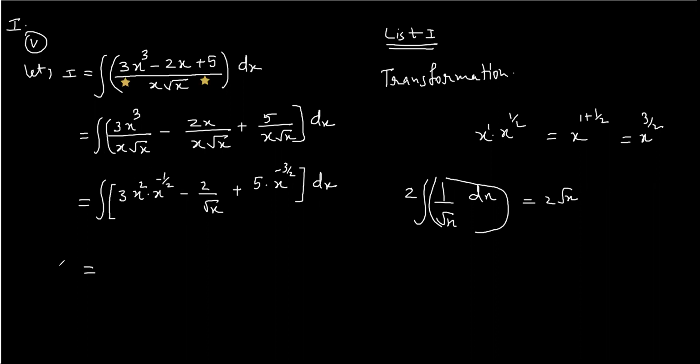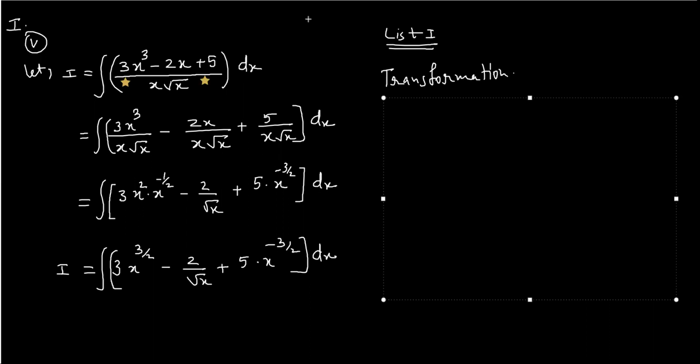Okay, so the next step, it will be I equals integration of 3 x raised to 2 into x raised to minus half. So it is x raised to 3 by 2, because 2 minus half is 3 by 2, minus 2 upon root x plus 5 into x raised to minus 3 by 2 dx. Next step, what I do is I will write integration separately for each one of these.